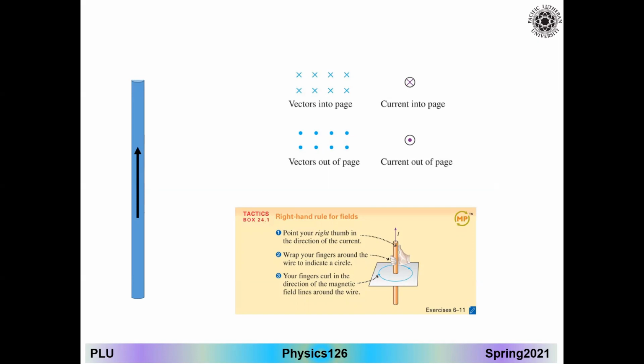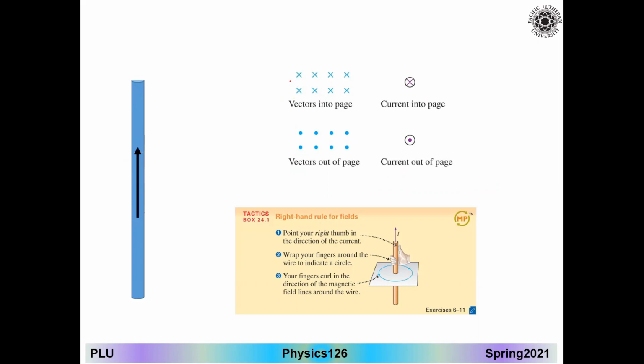In this case, we have a wire, and that wire has a certain current with a direction, and I want to identify the direction of the magnetic field, since theoretically, moving charged particles create a magnetic field around them. Here, regarding wires, we have two notations you need to consider.